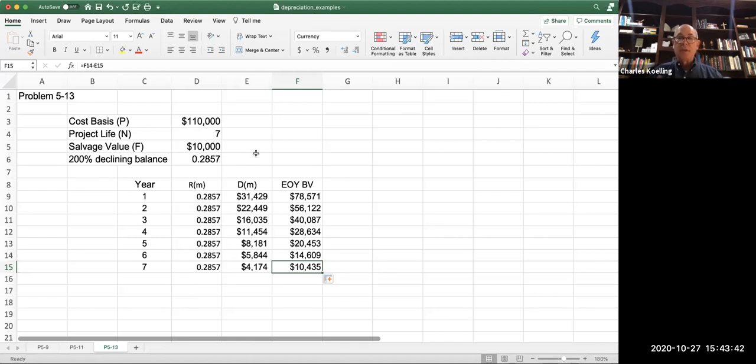So we've looked at three problems. You'll have homework problems that are very, very similar to these. And these three problems cover the three fundamental, if you will, depreciation methods that are presented in the text. We have straight line depreciation, sum of years, which we're not going to use much.